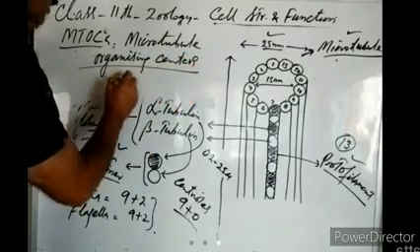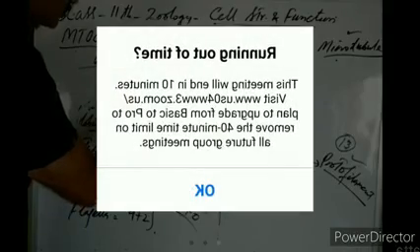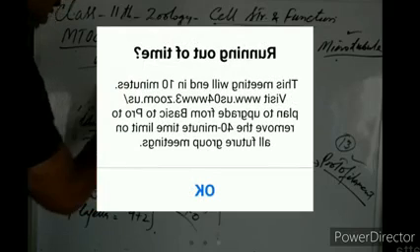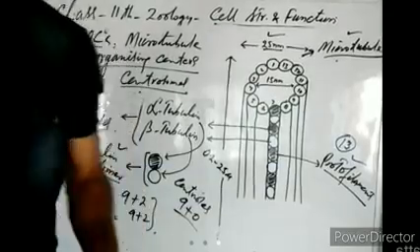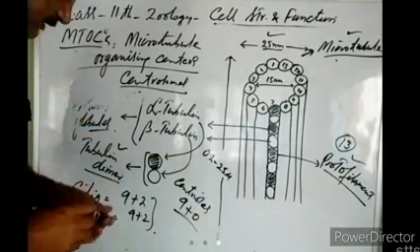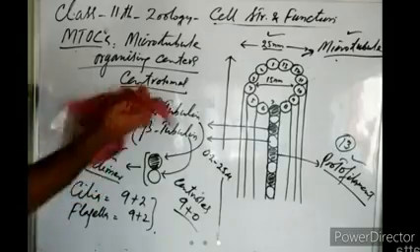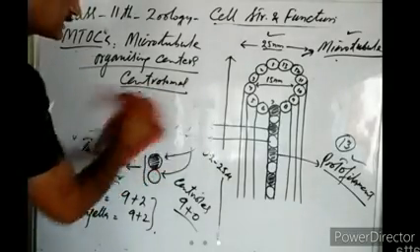Where are they found? They are found near the centrosomes of the cell. So these microtubule organizing centers are present near the centrosomes of a cell.